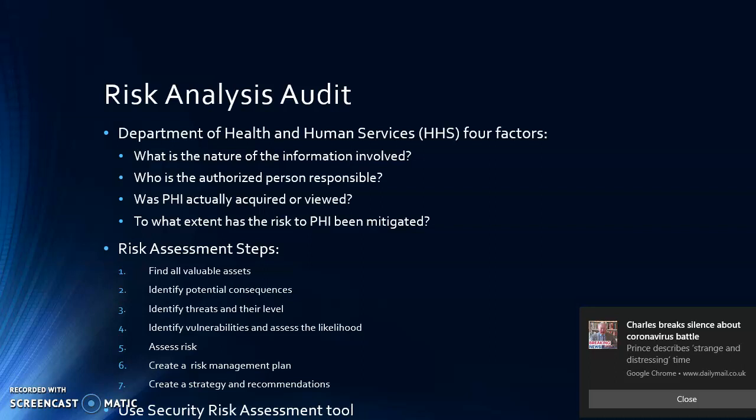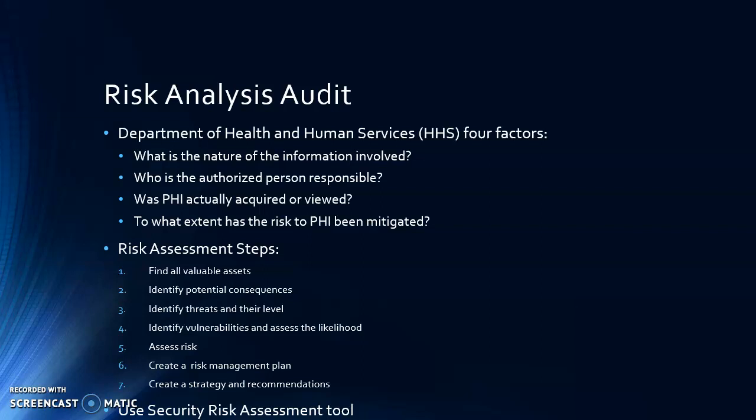There is also a tool that can be used, the security risk assessment tool, which can help organizations with the risk assessment. The security risk assessment tool is basically an independent operating system that takes the organization through each HIPAA requirement by presenting a question about your organization's activities.